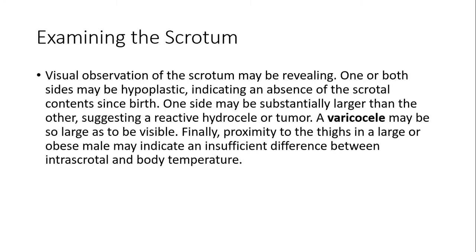And of course reactive hydrocele or tumors might be present which the patient didn't mention before. But most commonly you can encounter varicocele. Varicocele of third grade might be large enough to be visible.